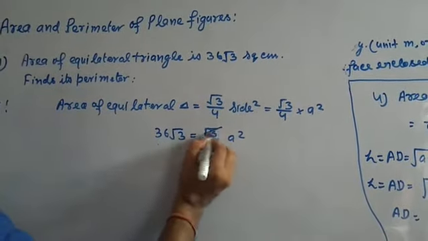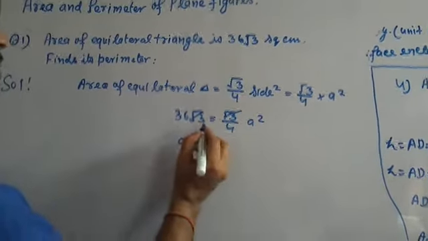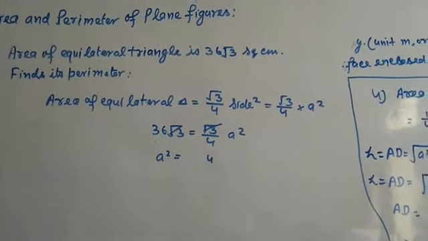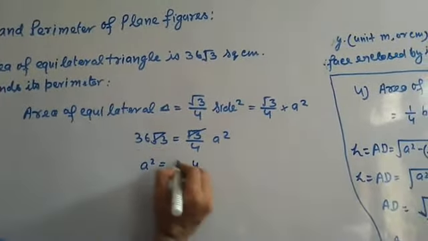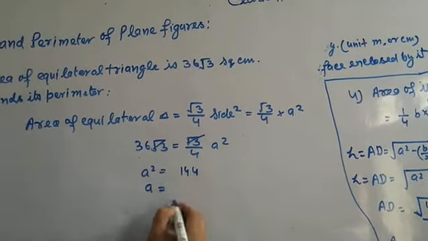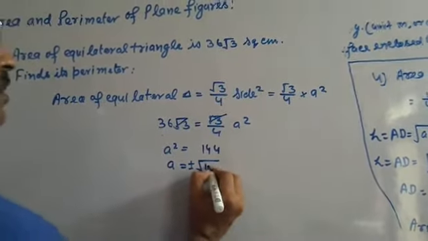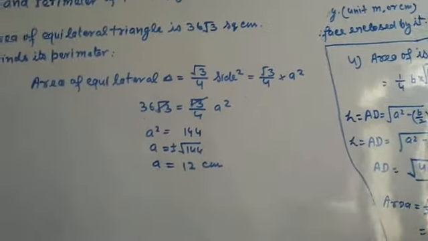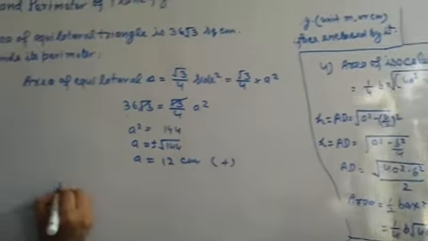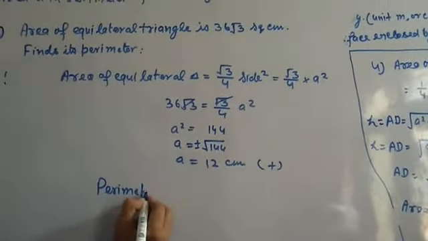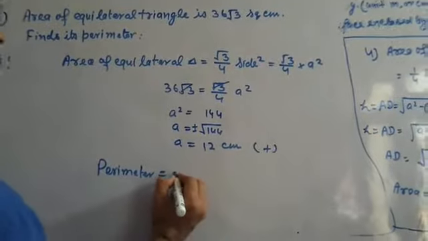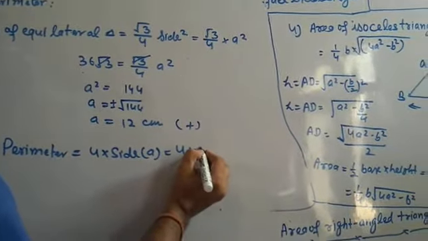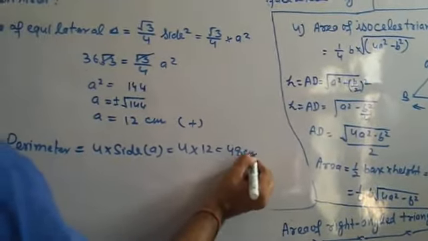A square equals 144. A equals root of plus minus 144, A equals 12 centimeter, positive taken.